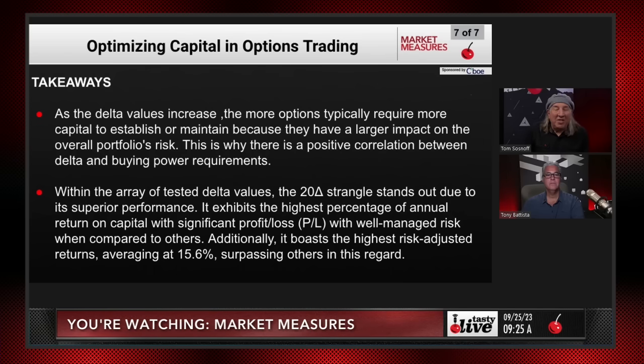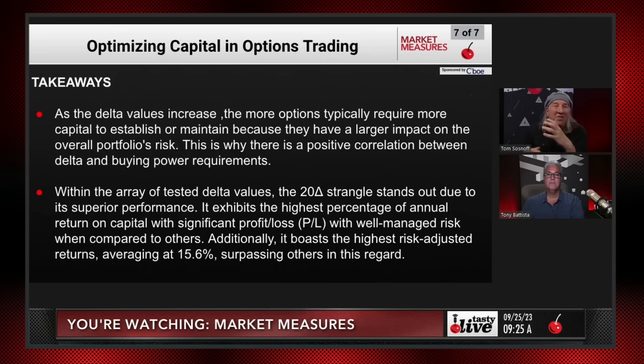And before you think that 15%, managing one strangle at 15% over the course of a year, over 18 years, is low, you have to remember, this is when you have the high probability of success, and you're taking very low risk in this particular trade.